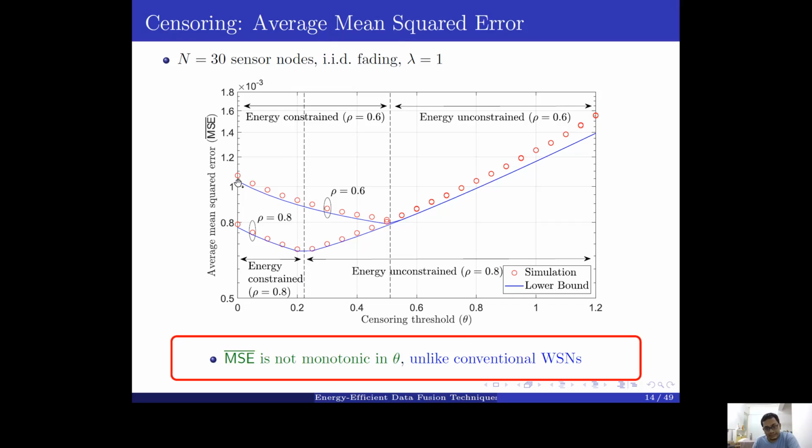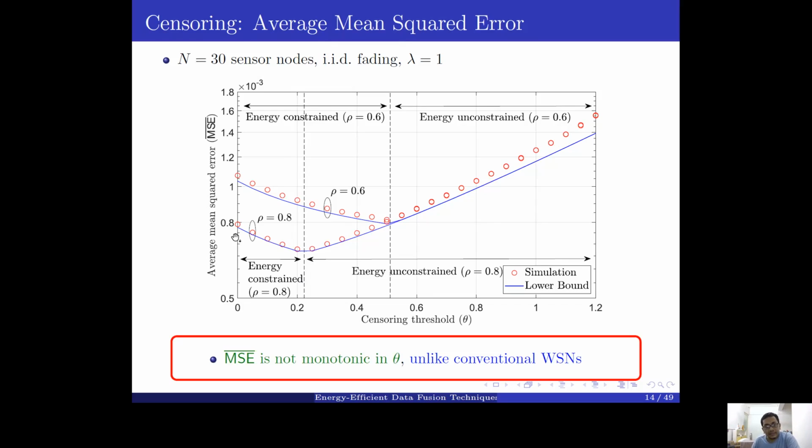Now this decrease goes on till the nodes just become energy unconstrained. Beyond this, if you increase the censoring threshold, MSE bar increases. This behavior was verified by the lower bound itself, and if you recall the previous slide, the optimum censoring threshold is the point where the nodes just become energy unconstrained.